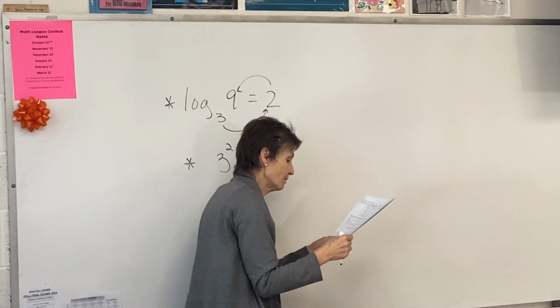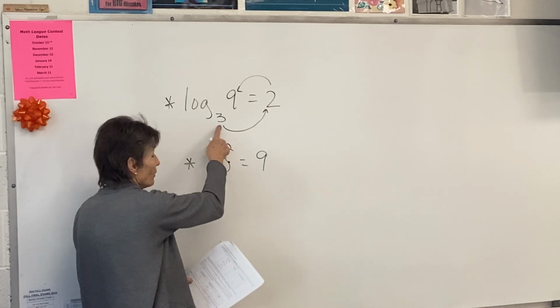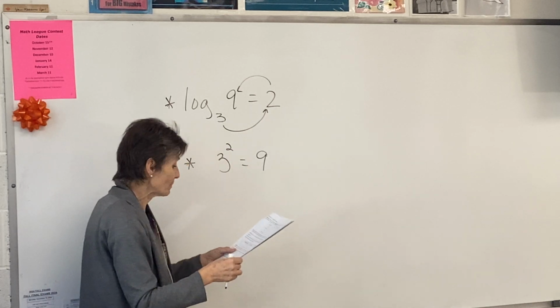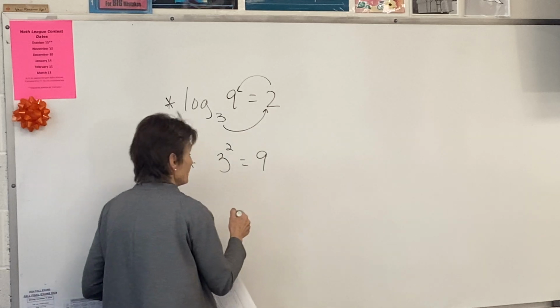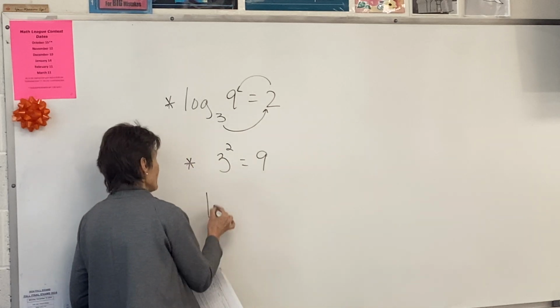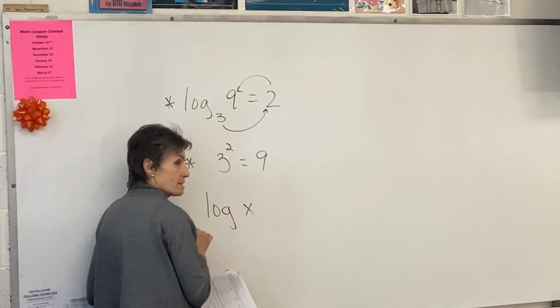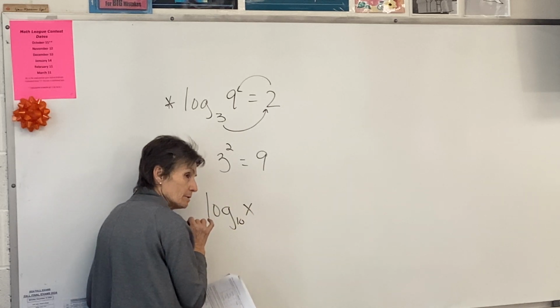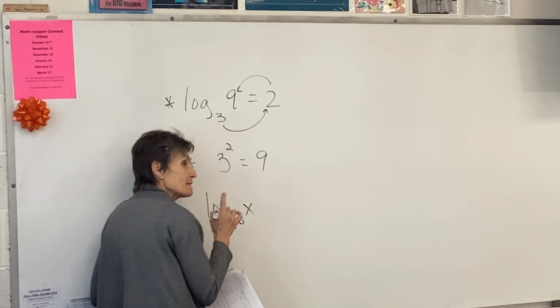If the base of a log expression is 10, this number is called the base. If the base is 10, it's called a common logarithm, and it's usually written without the base. So if it says log x, that means log base 10, common logarithms.